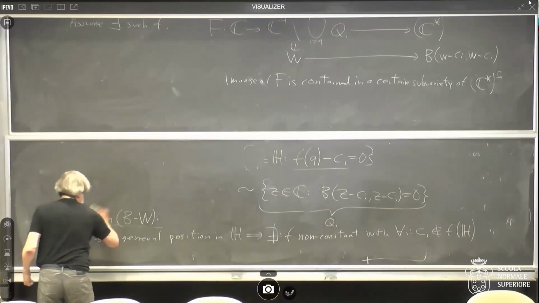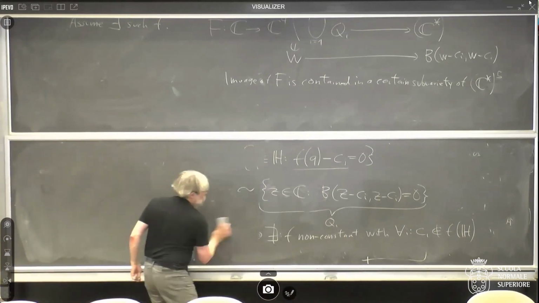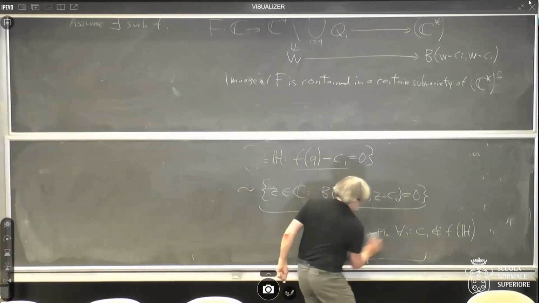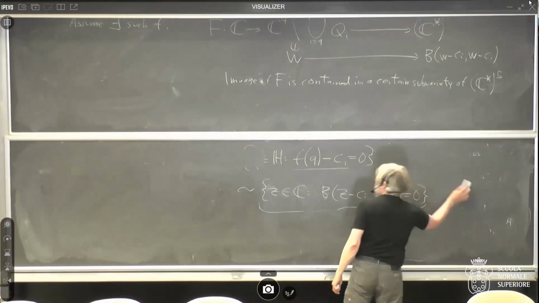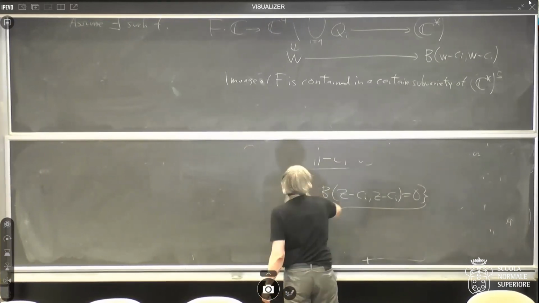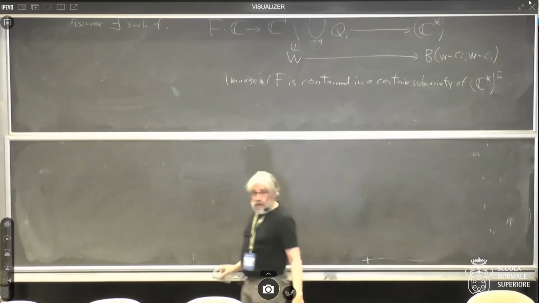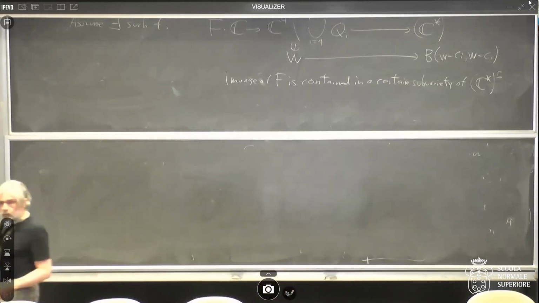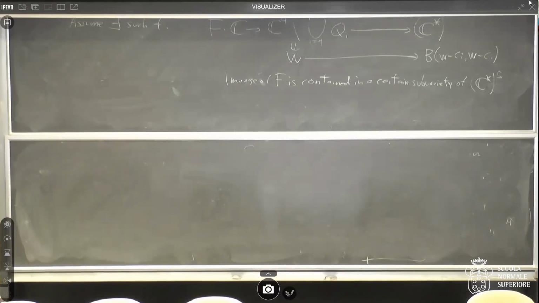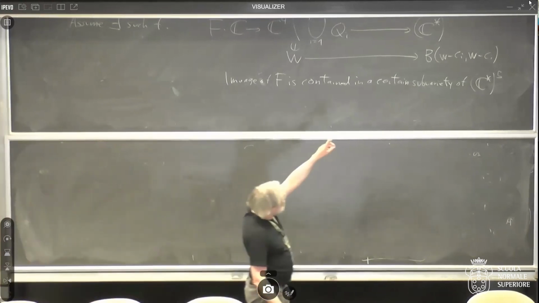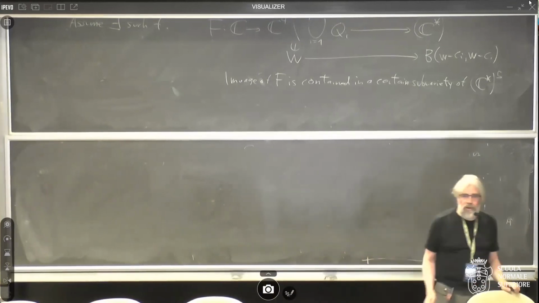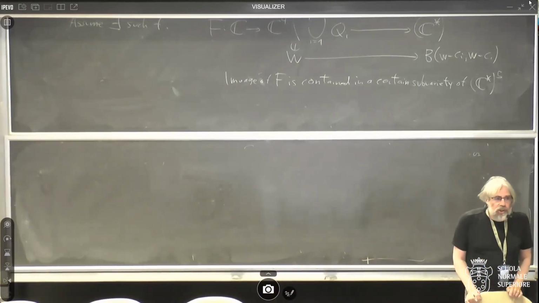What I want to emphasize now is that we are in a classical complex analytic setup. Namely, we have a complex holomorphic map from C into some reductive complex Lie group, C star to the power 5, where the image should be contained in some algebraic subvariety.